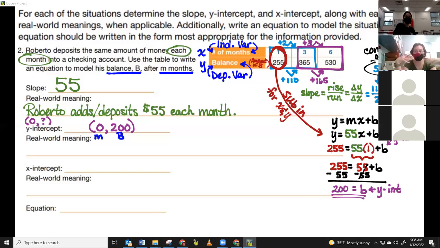So now I want to take this and I want to explain it in its real world meaning. How can I take this ordered pair of 0, 200 and explain what it means for Roberto and his savings account, or sorry, checking account? What does this mean for Roberto?